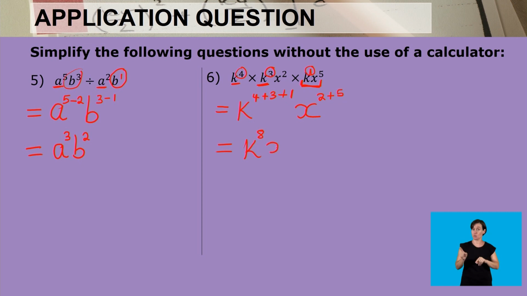And of course, we have an x, which is a 2 plus 5, that will give us a 7. And that will be our final answer: k exponent 8 multiplied by x exponent 7. And again, we will not add those two exponents. Why? Because the bases are not the same. So that is going to be our final answer there.